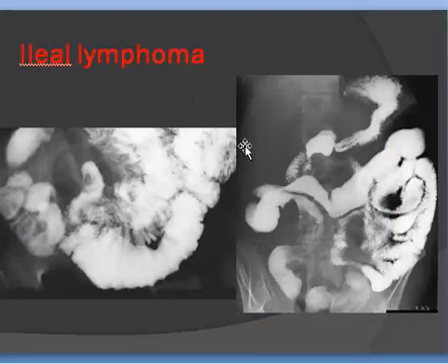This is ileal lymphoma, where a lot of masses and separation of loops are there due to lymph nodes, and narrowing of segments due to compression, and maybe with fissuration sometimes. So the differential diagnosis could be Crohn's, could be lymphoma.